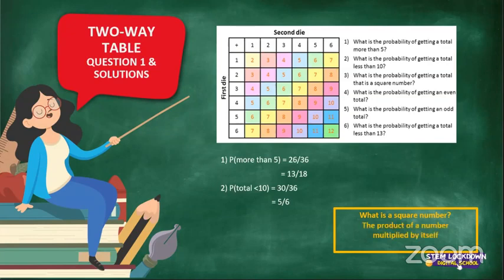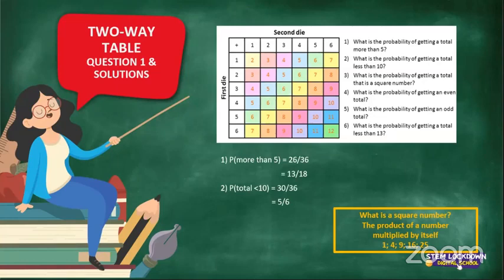A square number is the product of a number multiplied by itself. Okay, so if we take 1 times 1 gives us 1. 2 times 2 gives us 4. 3 times 3 gives us 9. 4 times 4 gives us 16. 5 times 5 gives us 25.